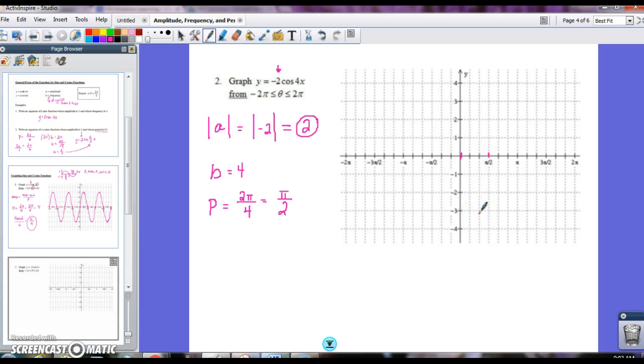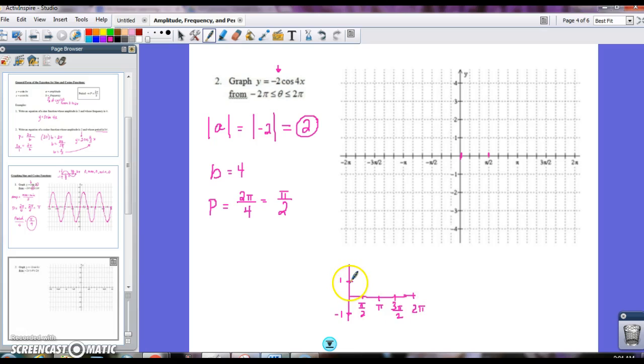Okay, let's think back about what the cosine graph looks like. The cosine graph starts at 1, so it's a little bit different than the sine graph. The sine graph started at 0. The cosine graph starts at 1. So pi over 2, pi, 3 pi over 2, and 2 pi.